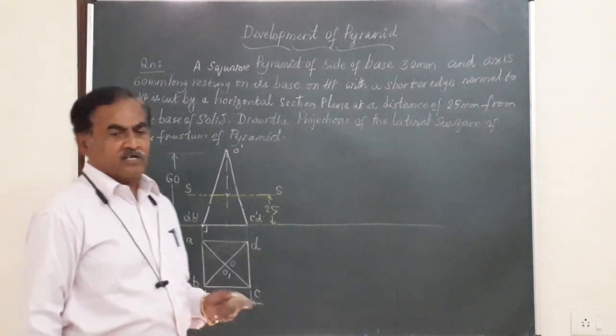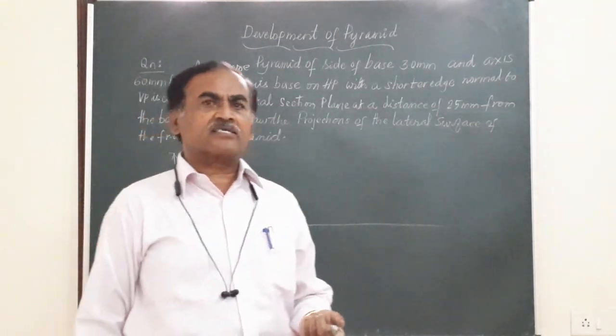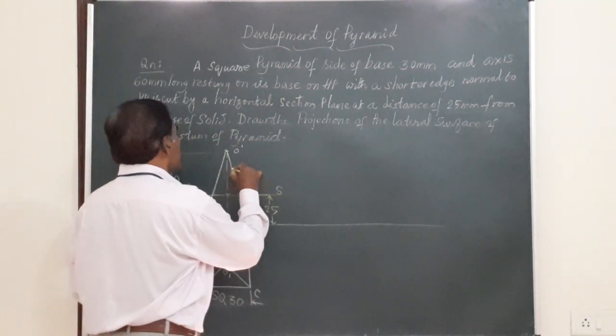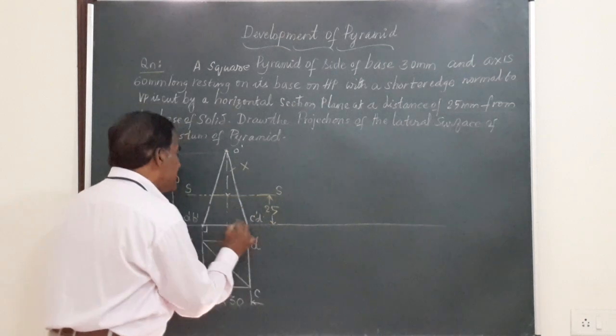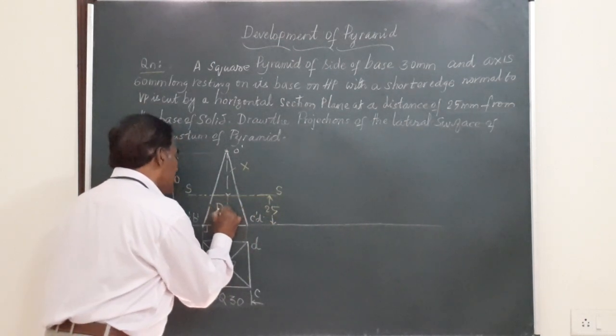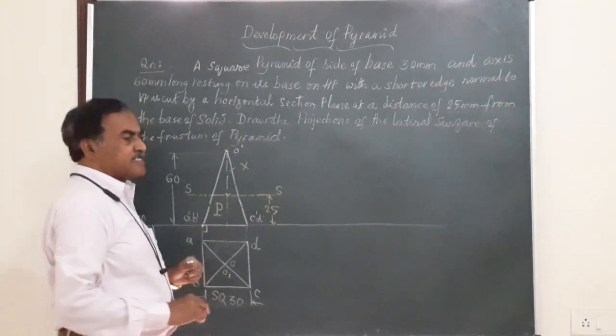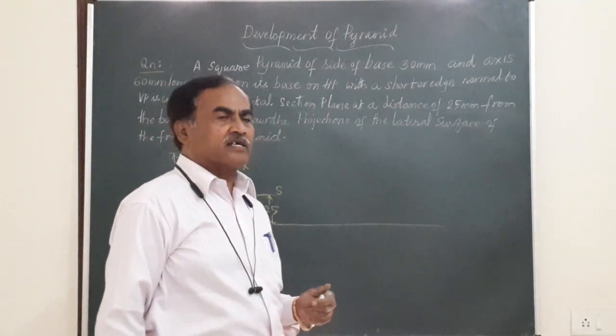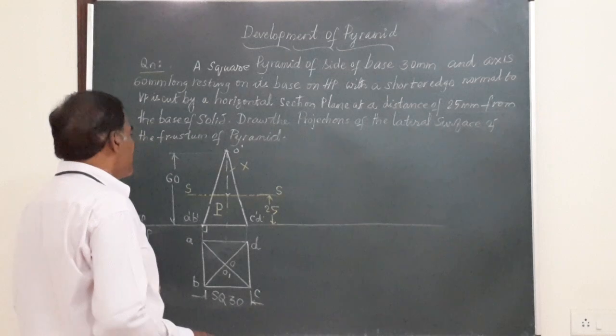Now friends, once the solid is cut by the section plane, we throw away this upper part and we retain the bottom part and mark it as P. So P is the part that is retained for the purpose of drawing the development of the lateral surface.